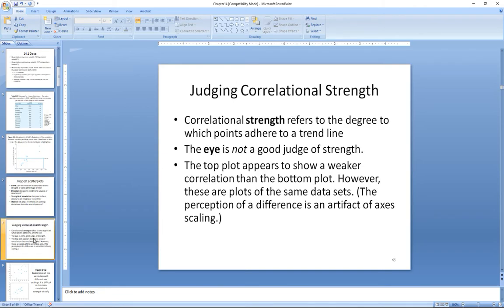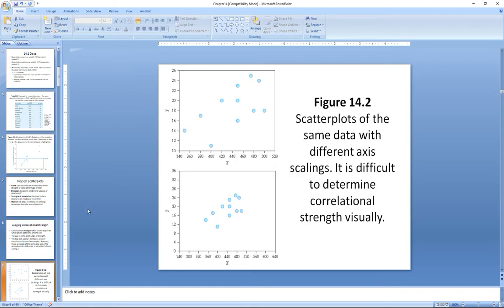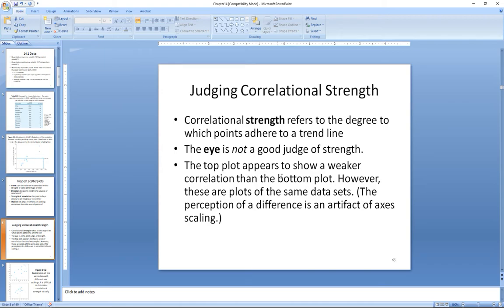And then while we're judging the correlational strength, the correlational strength refers to the degree to which points adhere to a trend line. The eye is not a good judge of strength. As you can see here, there are two scatter plots, and when we look at these, the top plot appears to show a weaker correlation than the bottom plot. However, these plots are the same data set.